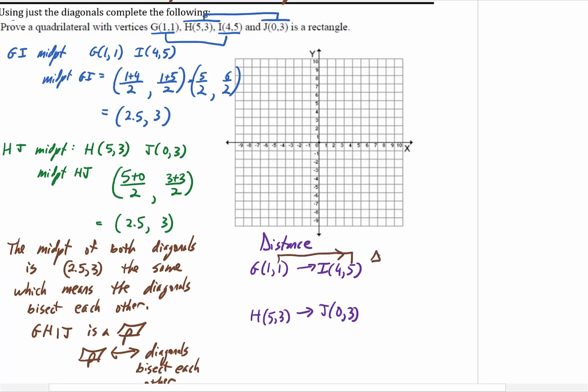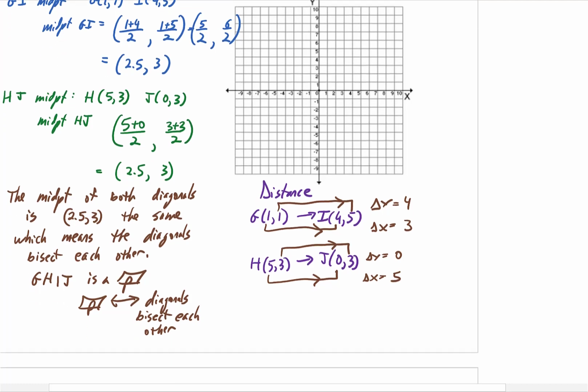Our change in y here is 4, and our change in x here is 3. Let's look at the other one. Change in y here is 0, and our change in x is equal to 5. Now if I graphed it, I could have just counted.